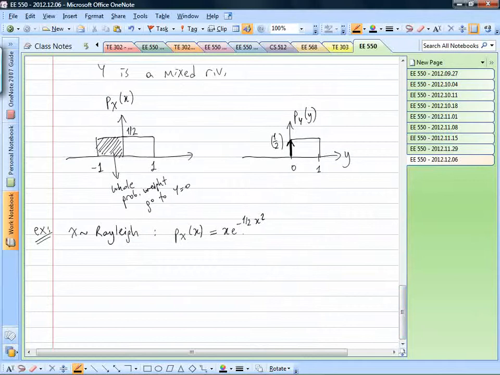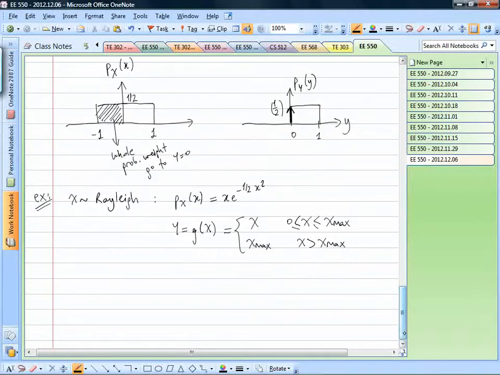And y equals g of x is defined like this: x if x is between 0 and x max, a maximum allowed value, and equal to x max if x is greater than x max. So I'm going to clip the value of x to x max. I'm not going to allow anything larger than x max.